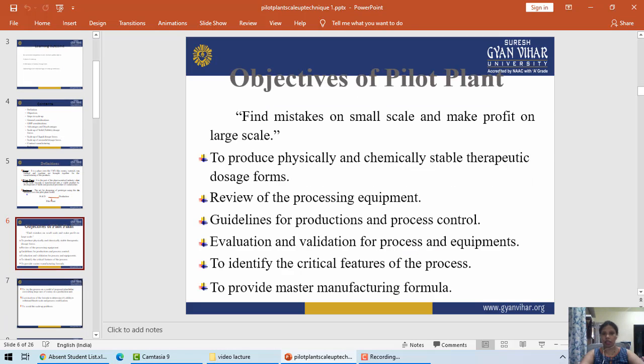Now next we come to the objectives of the pilot plant. The major objective of the pilot plant is to find the mistakes on a small scale and make profit on the large scale. The meaning of this is, if we are making a certain formulation in the laboratory scale and we transfer it as such to the large manufacturing scale, maybe some variation occurs.